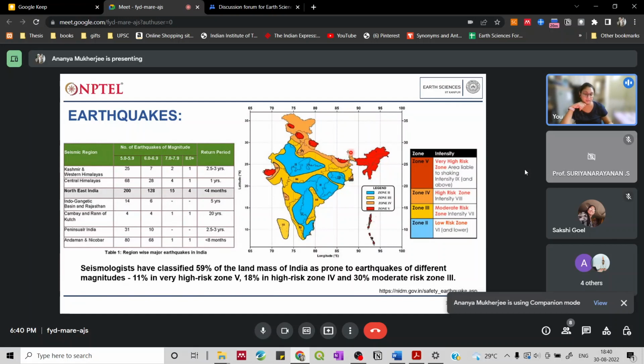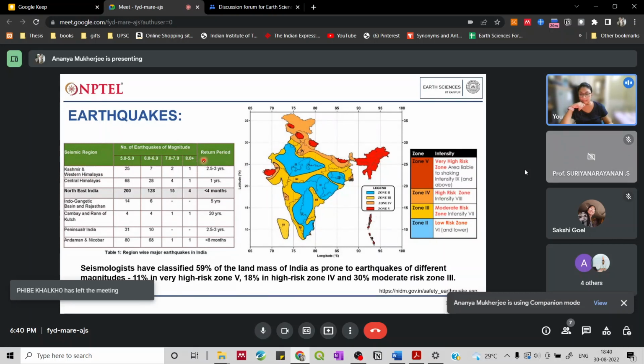Obviously, Nepal is over here, and the Himalayas extend that side, and they are pretty high risk zones. And then the orange is high risk. As we come down from the mountainous regions to the plains, we see that the risk zone decreases in its category.